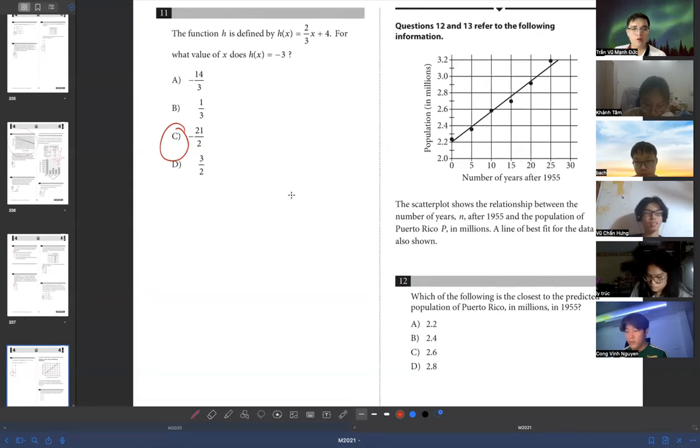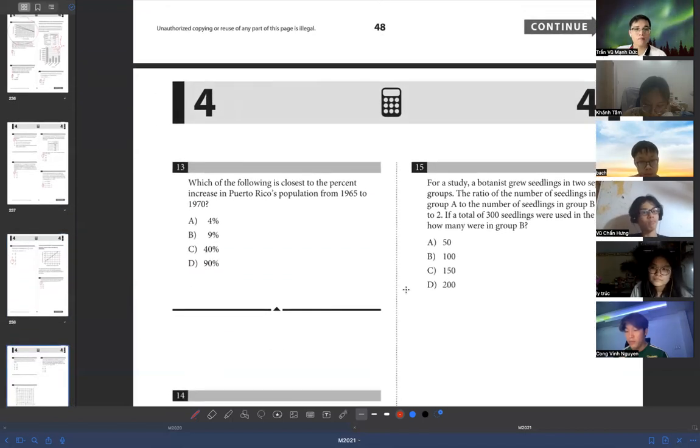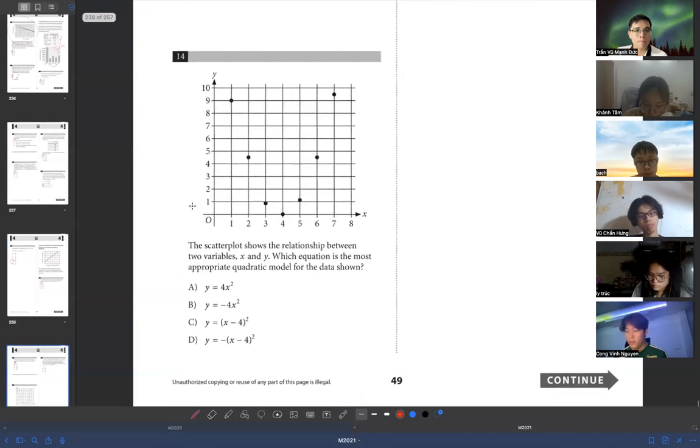A. 12 is A. Okay. 13. A. A. All right. 14. B. 14 is C.